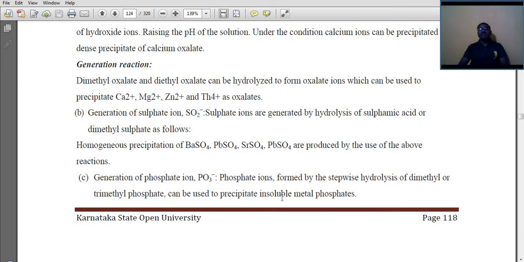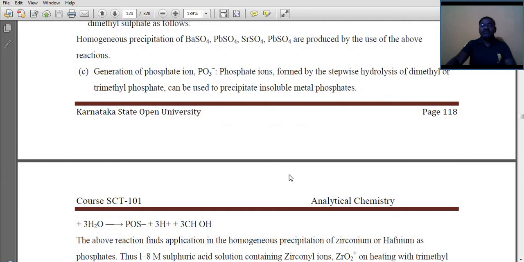Dimethyl oxalate can be hydrolyzed to form oxalate ions, which can be used to precipitate. Here: generation of sulfate ions by hydrolysis of sulfamic acid or dimethyl sulfate, and generation of phosphate ions by stepwise hydrolysis of trimethyl phosphate.